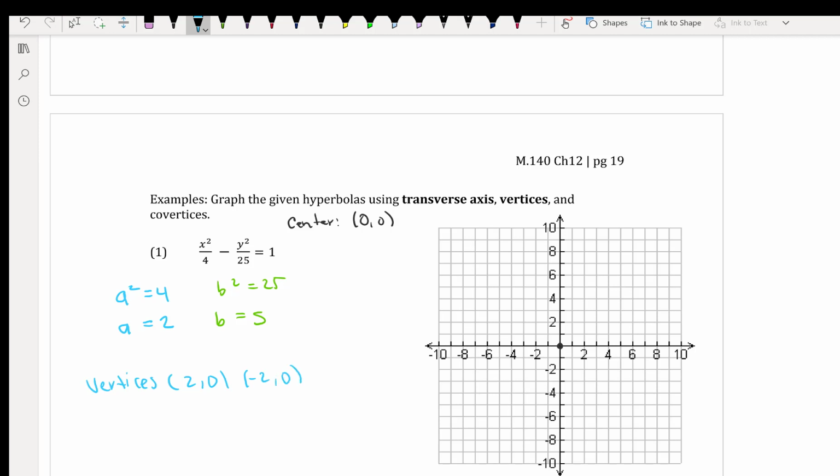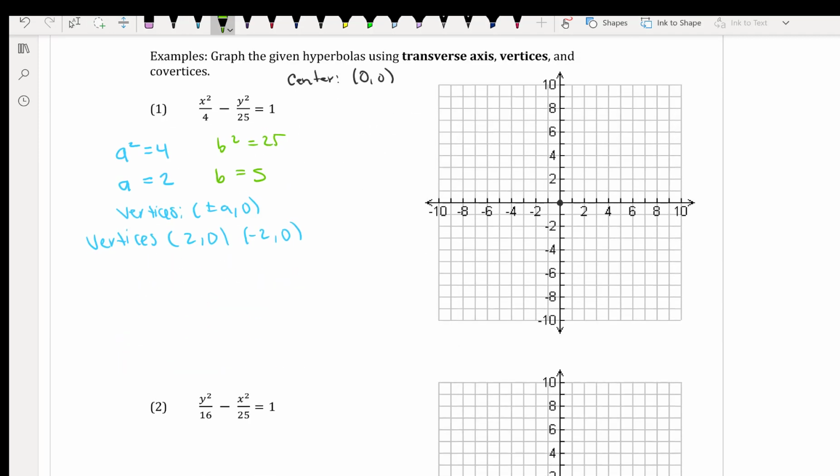Because remember, the vertices, they said we're at plus or minus a, comma, 0. And they also said your co-vertices we're at 0, plus or minus b. That gives me 0, 5 and 0, negative 5.